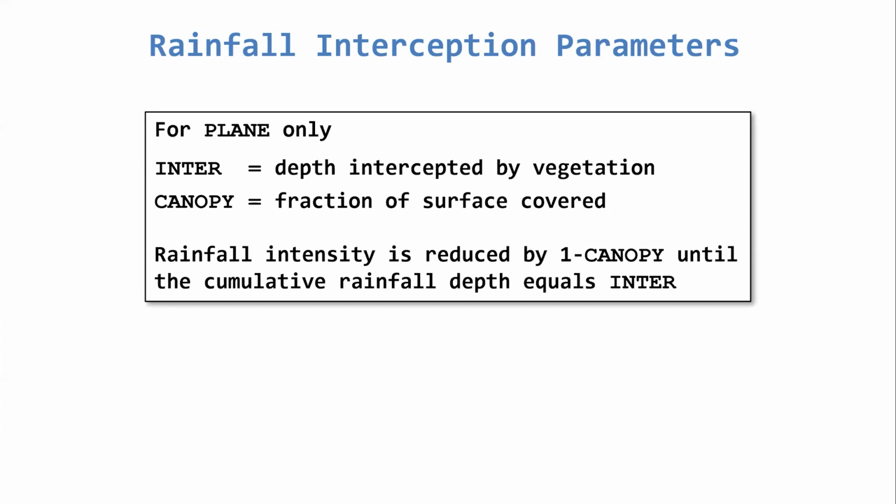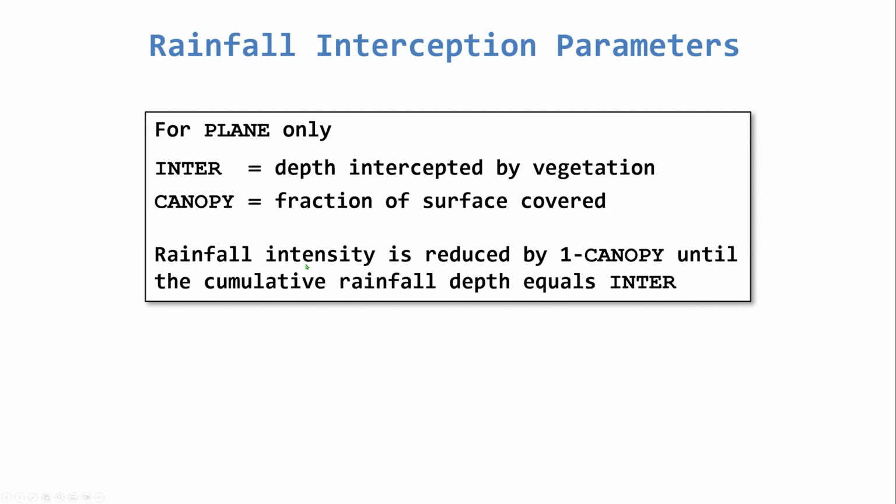We can have rainfall interception parameters. This applies only to overland flow or plane elements. And basically, what's the depth of intercepted water on the vegetation and what fraction of the surface is covered with a vegetation canopy.